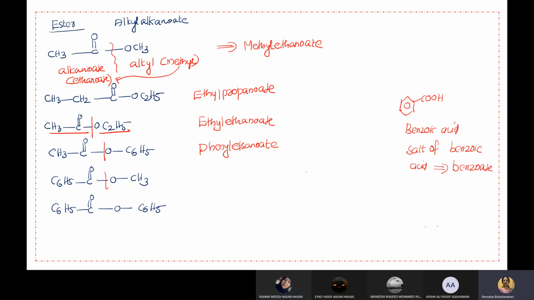A salt of ethanoic acid, ethanoate. Propanoic acid, propanoate. Butanoic acid, butanoate. Benzoic acid, benzoate. Okay? So this is the benzene ring with C double bond O, OCH3. Yes, tell me. That's methyl benzoate. Now the last one. Phenyl benzoate. Yes, phenyl benzoate.